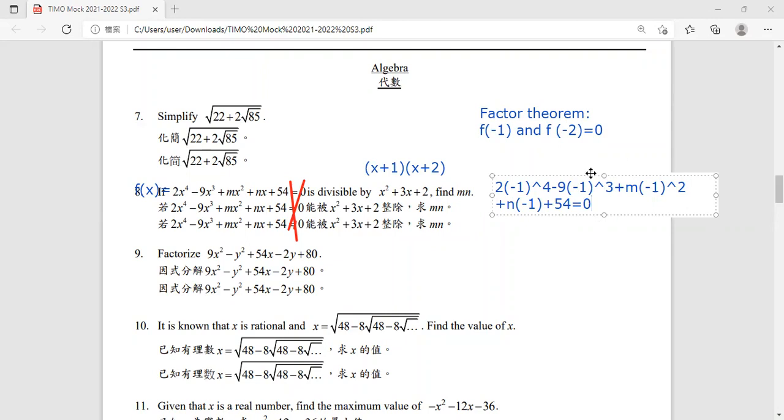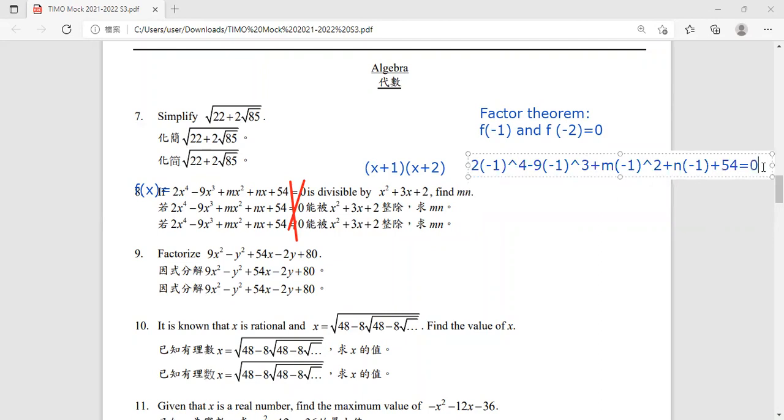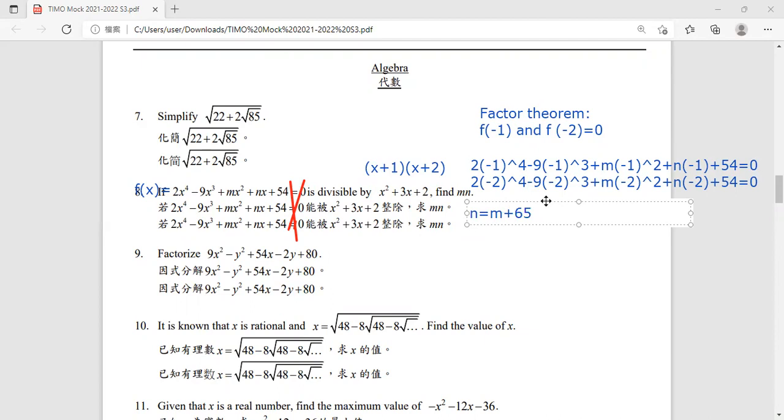The first equation is here, and for the second one, all the things become -2. After simplification, we got this one: m equal to n plus 65 and m equal to 2n plus 79.